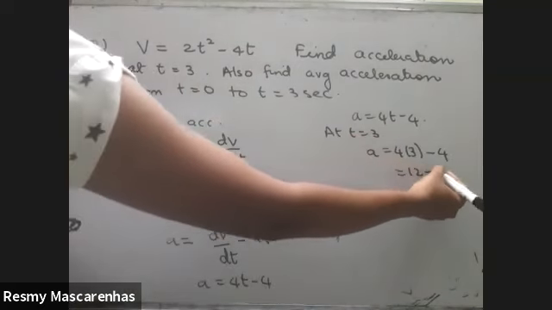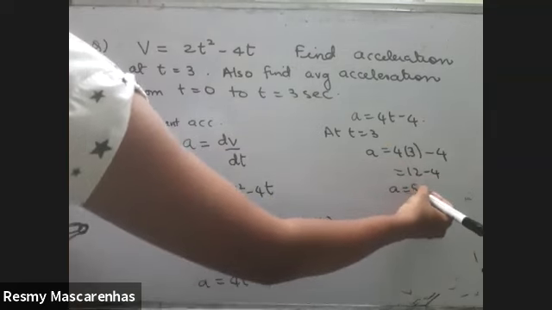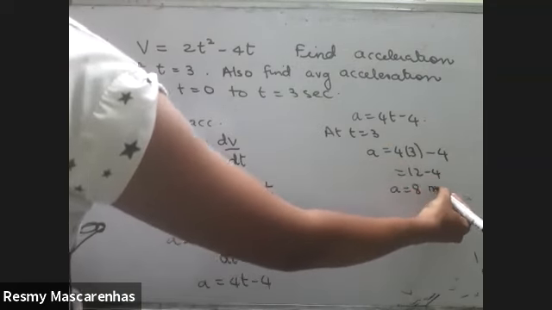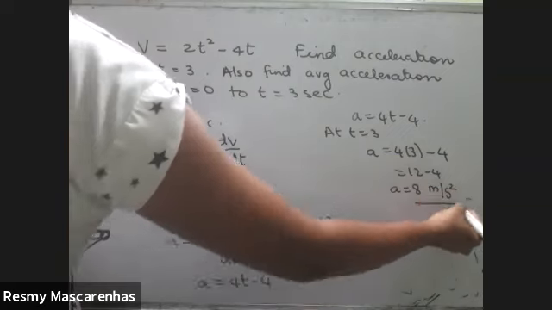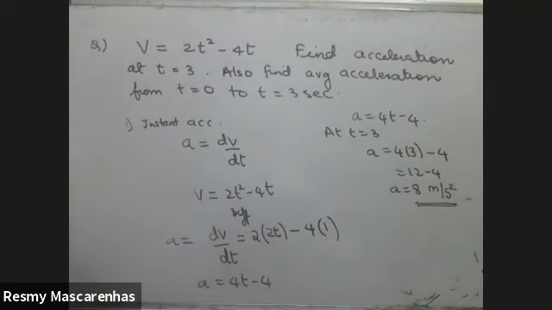This will be 12 minus 4. So A is 8. Don't forget to write the unit, meter per second square. So this is your instant acceleration. Anyone having doubts, have not understood, want me to repeat again, you can ask.